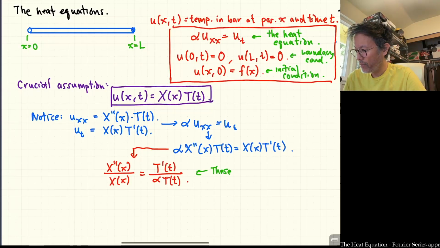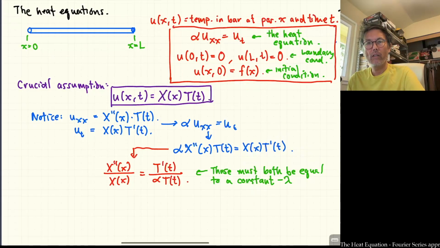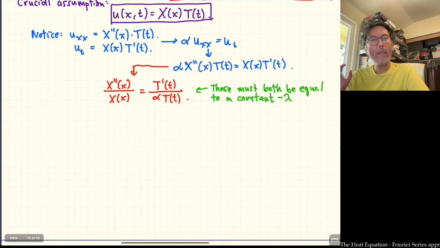I'm allowed to call the constant whatever I want, but for good bookkeeping practices, I'm just going to call it negative lambda for reasons that you'll see.